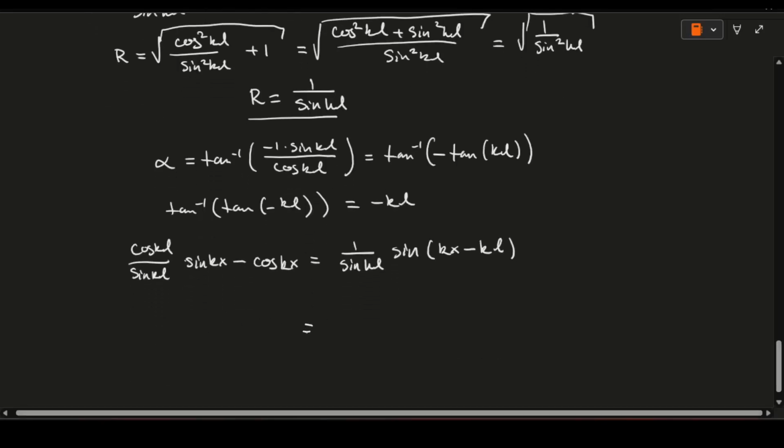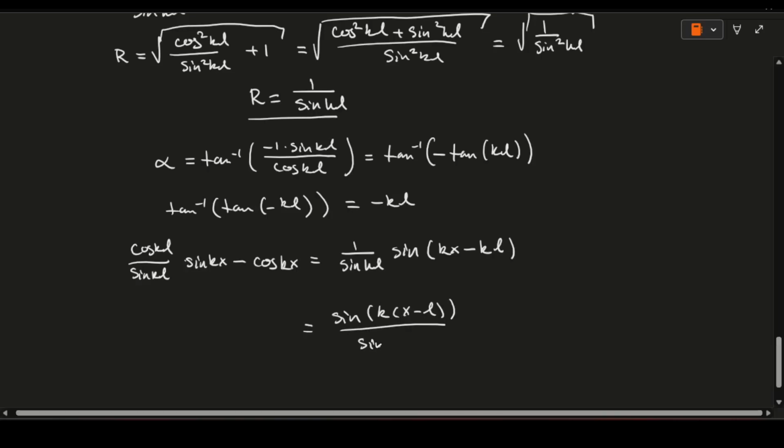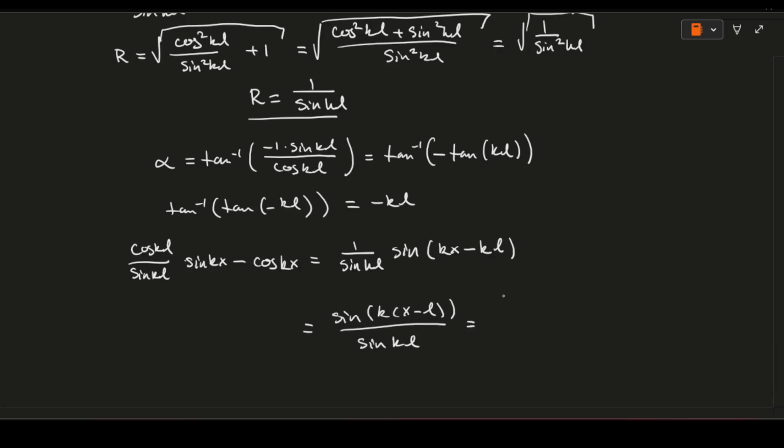So this is equal to sine of KX minus L all over sine KL. Or we can say it's the negative of sine of K times L minus X over sine KL.